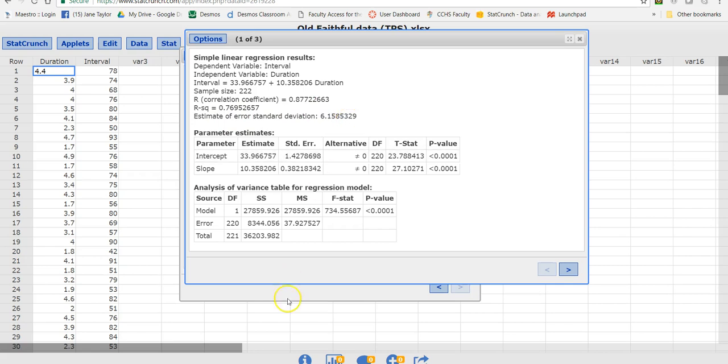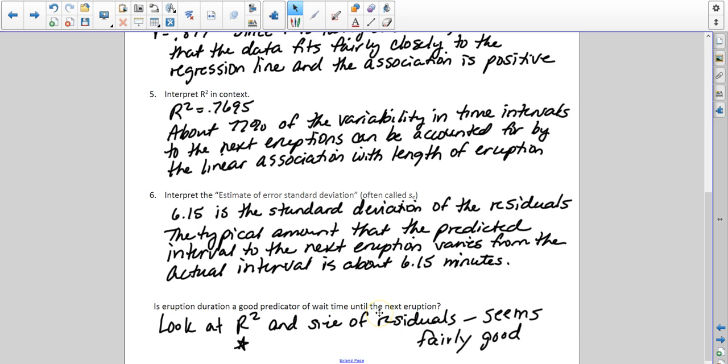So when we see that S, that number tells us the standard deviation of the residuals. Standard deviation can be interpreted as the typical amount of variation. So the typical amount that the predicted interval to the next eruption varies from the actual interval is about 6.15 minutes, because a residual is the difference between the predicted y value and the actual y value.